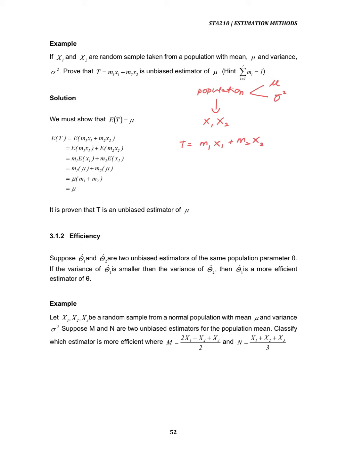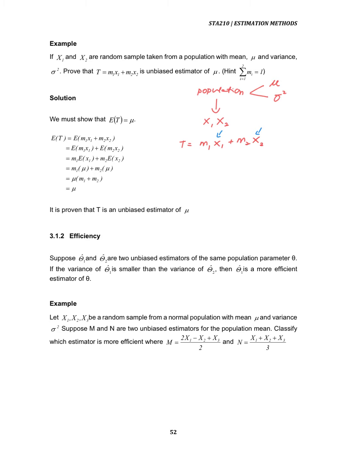Okay, which is combination of x1 dengan x2, yang mana x1 x2 ni adalah come from a population yang mempunyai mean mu dengan variance sigma square. So sekarang ni dia nak kita proofkan, okay, t is unbiased estimator of mu.